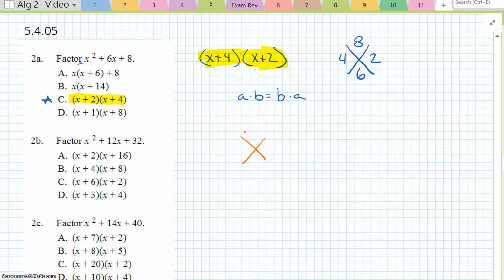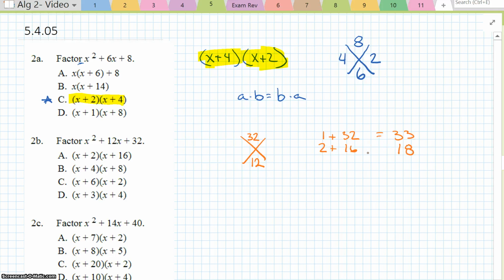Let's do an x factor. We know the product of our a times c, so that's 1 times 32, and it has a sum of our b value, which is 12. So two numbers that have a product of 32 and a sum of 12. Well, if you don't see it, you can list over here the products of 32. You got 1 and 32. That's going to have a sum of 33, so that's no good. 2 and 16. That's going to have a sum of 18.